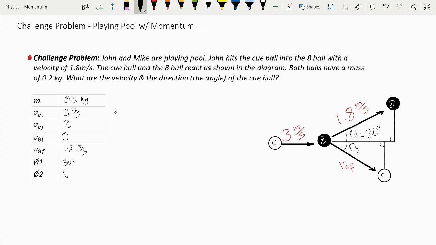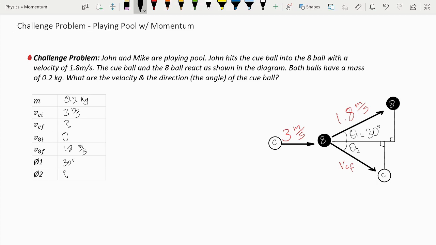So this problem is clearly two-dimensional. So we know from the law of conservation of momentum that it will be conserved in both the x dimension and the y dimension. So first, let's consider the x dimension.